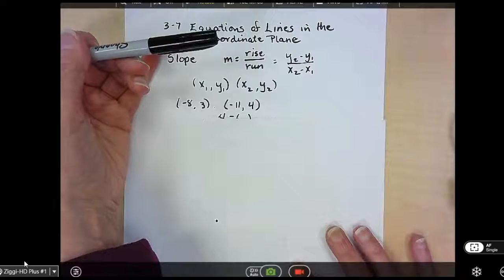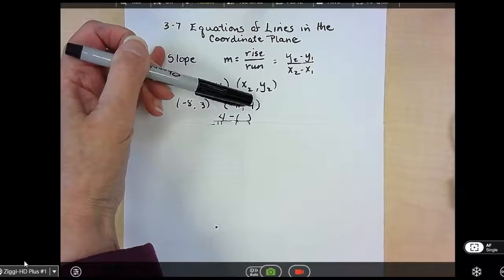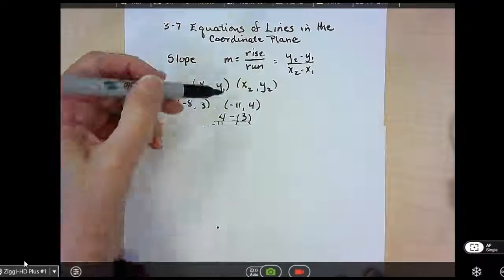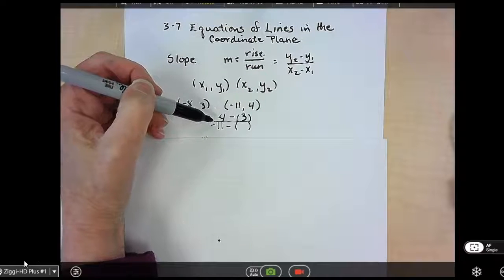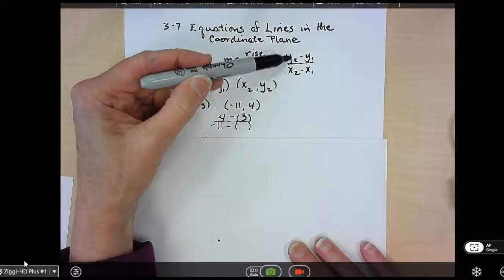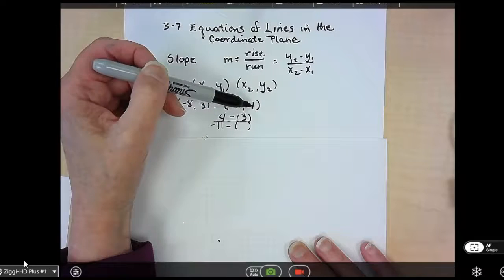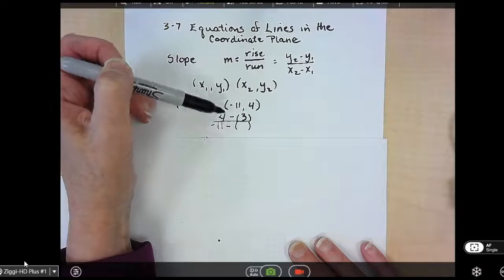If I go through with my y's and start with 4, I subtract 3. Then I have to go back to -11, and that's why we had these subscripts here. This is 1 point. So whichever point you start with, you have to go back to it for your x values.